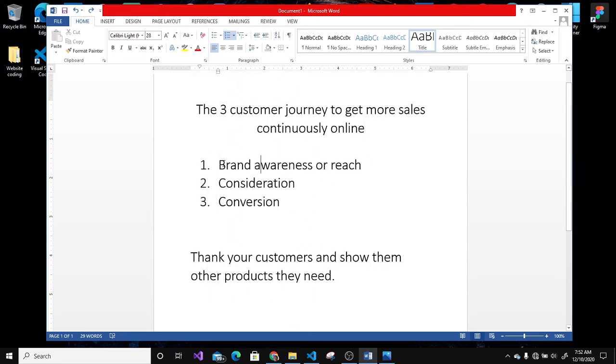So, your first ad objective is to be brand awareness or reach. Even Facebook recommends that we start our campaign with this ad objective, whether our product is new or not. Brand objectives will help you gather leads, help you show your product to people and say, hey, this is my business, this is my product, I'm located here, I have a mobile app, I have a website, this is what we do.